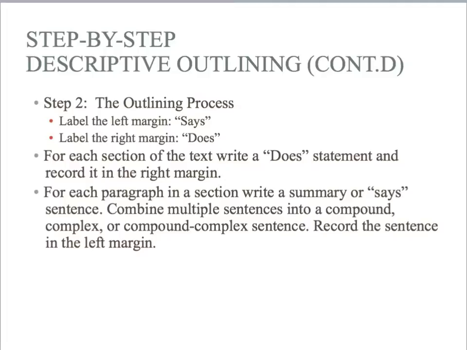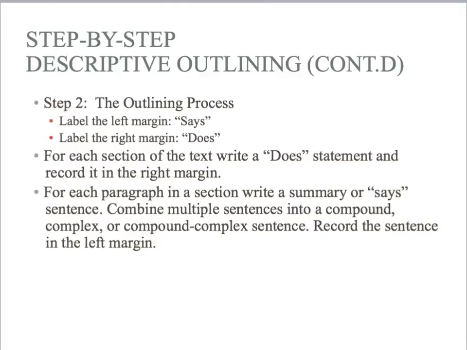writing assignment. So for each section of the text, write a does statement and record it in the right margin. For each paragraph in a section, write a summary or says sentence that summarizes the most important information in that particular text.